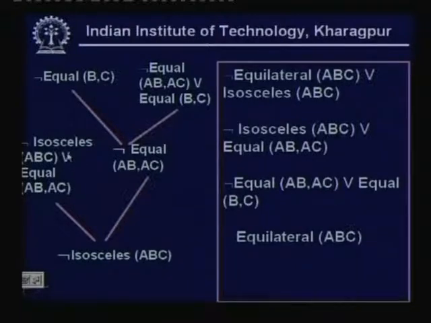If you have a careful look, this clause was actually meaning isosceles ABC implies equal ABAC. So, from that, if it is equal ABAC, then I get isosceles ABC. All right. So, you just form it in the clausal form. So, I have got the not isosceles ABC.